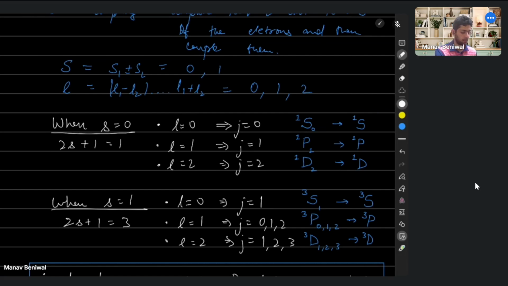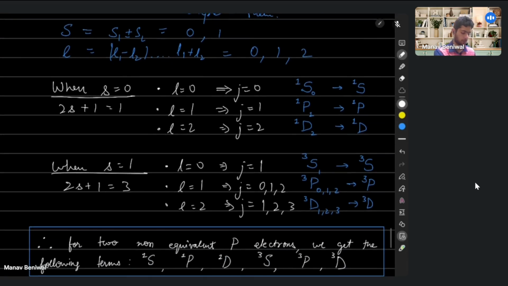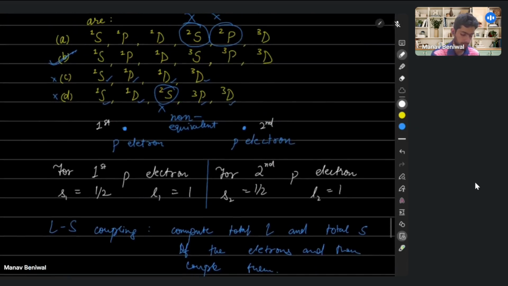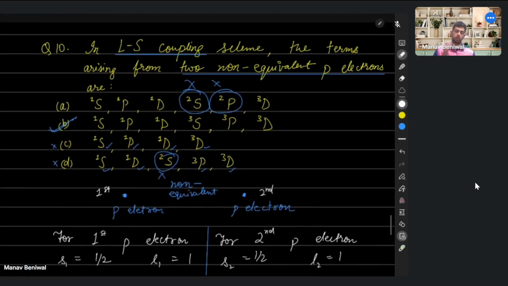When S is 1, again L will have all three values, and we again find the corresponding spectroscopic notations. Having done that, we can write all the spectroscopic terms. We see that we are getting 6 terms, and hence we get our answer.